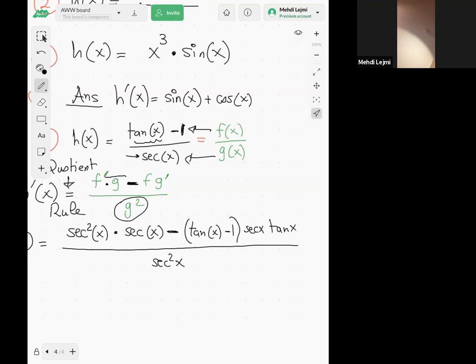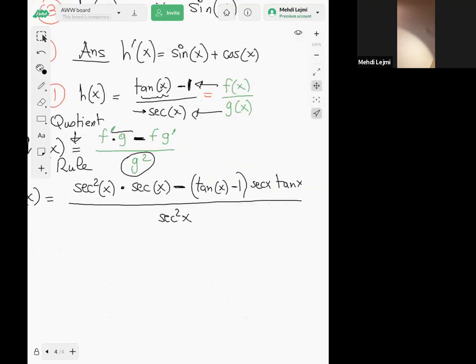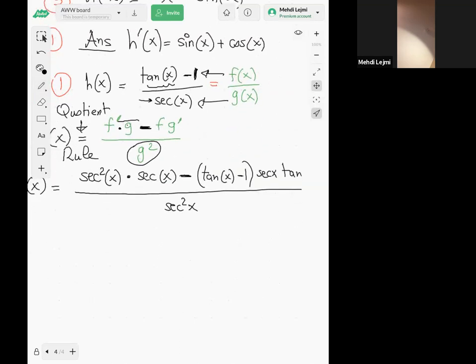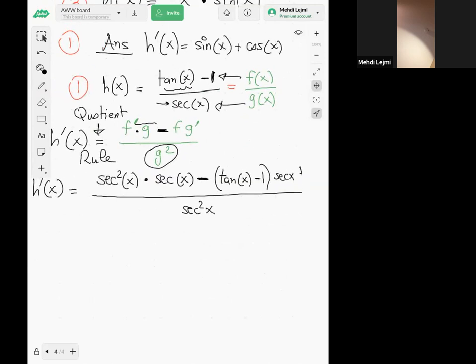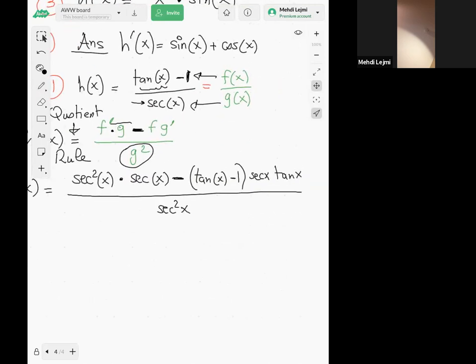So my h prime of x: we have secant squared times secant, that's secant cubed of x. I'm going to split this fraction, so we have secant cubed over secant squared in the denominator.